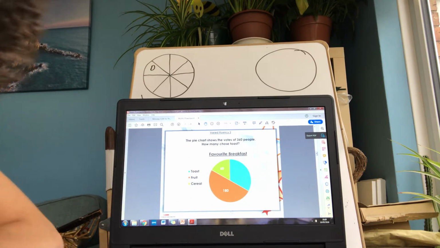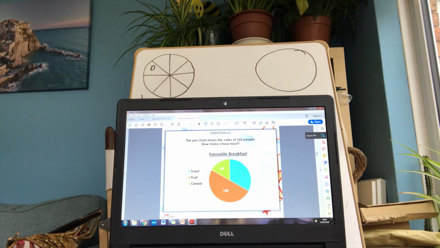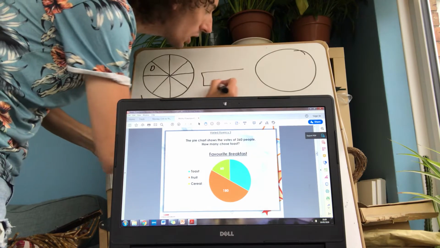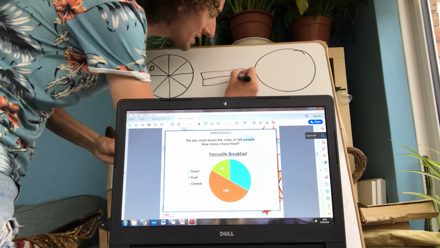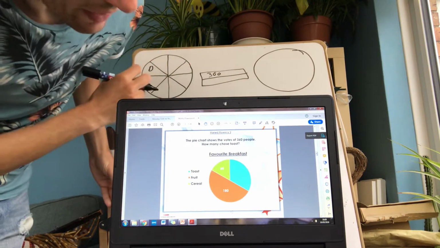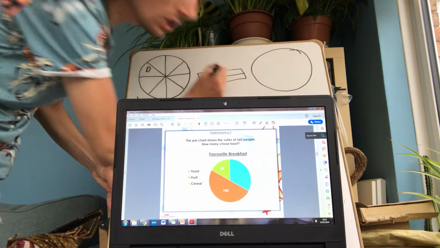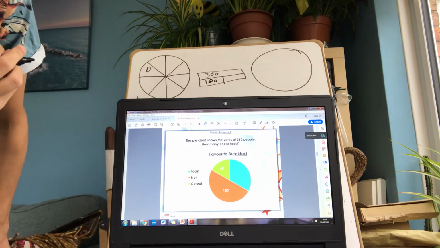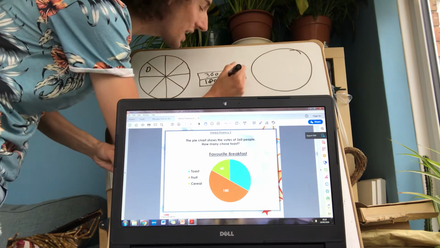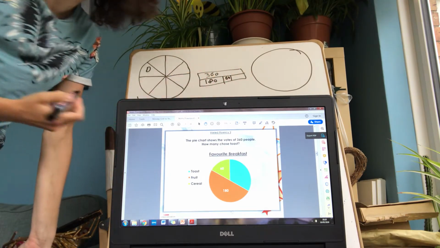Now, what we could do, as I'm sure lots of you are saying, if we went for a bar model, we could have a bar model, couldn't we? We know there's 360 people in the survey. Half, that's 180, chose fruit. 60 chose cereal. What's left? So we could do 360 take away 180, take away 60.